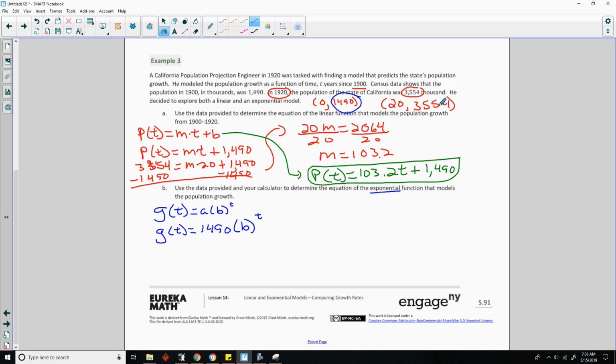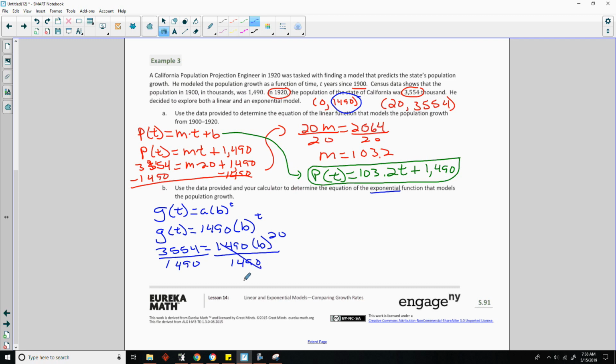We're going to use these two values right here. So g of t is 3554 equals 1490 times b to the power of 20, our t. I'm going to divide both sides by 1490.